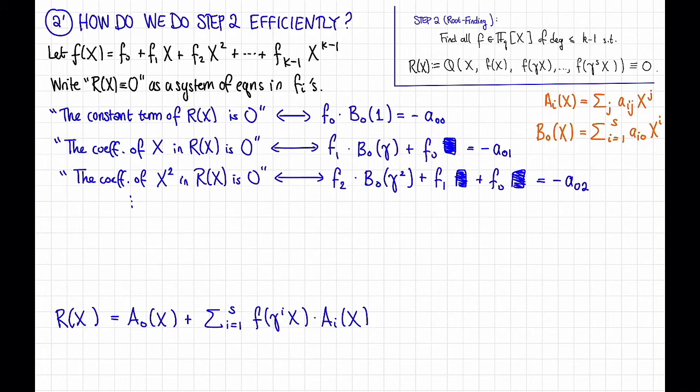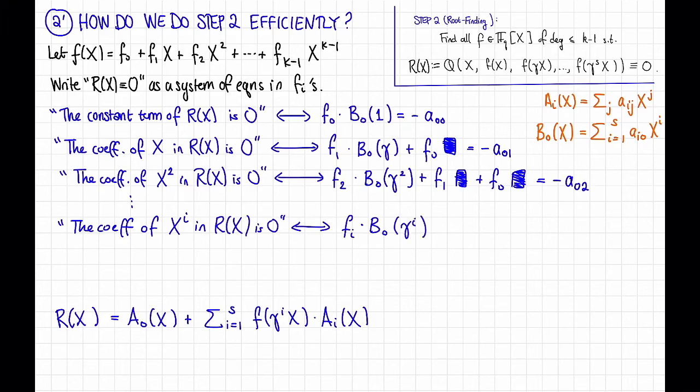And in general, we have that the coefficient of x to the i in R of x is 0 means that fi times b0 of gamma to the i plus the sum from j equals 1 to i minus 1 of fj times something, which can depend on j, is equal to minus a0i. And this is going to continue all the way up to the coefficient of x to the k minus 1.